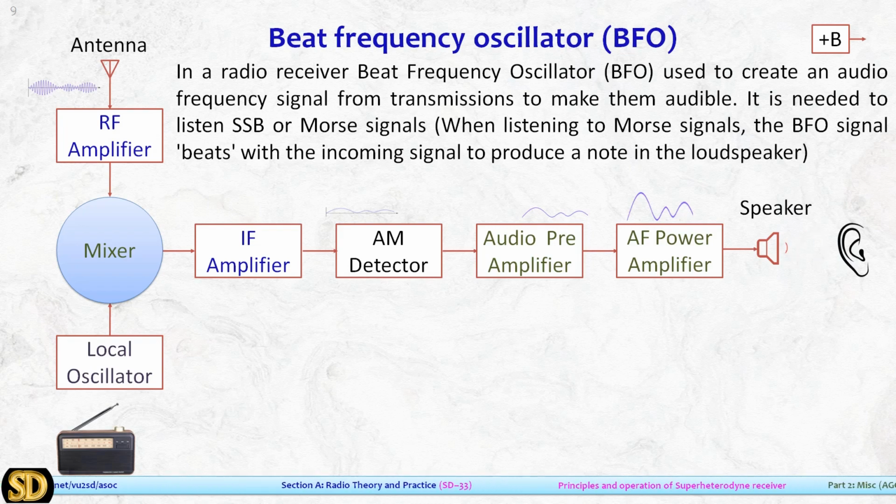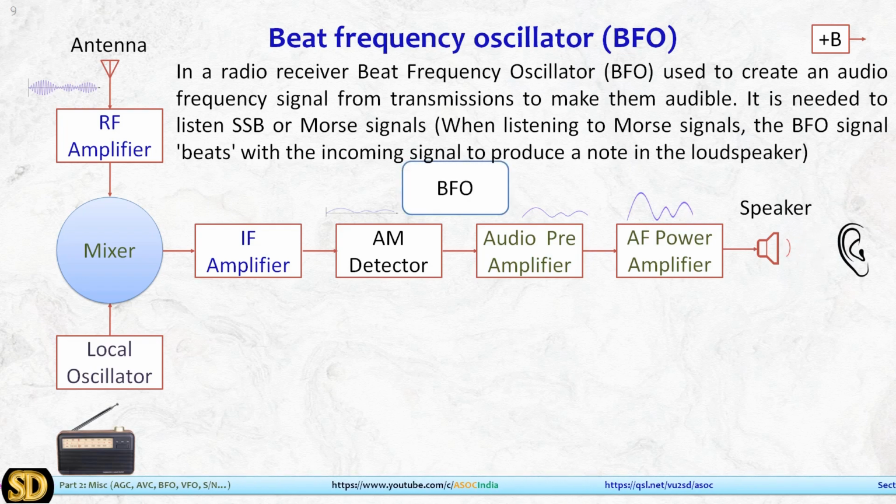It means when there is only a carrier signal in the form of dits and dashes, or Morse code, to make them audible we add the BFO frequency like a local oscillator. The result is the difference of the two, and we get an audio note. This audio note we can listen to and decode the Morse code message, and it is needed to listen to SSB and Morse code. I have already explained this, just remember it.